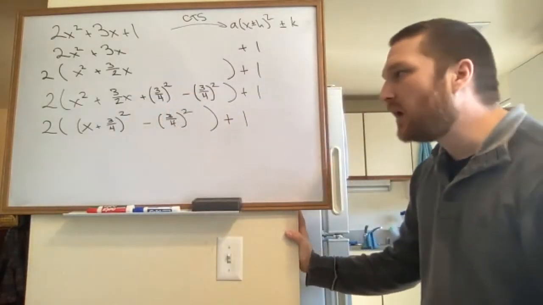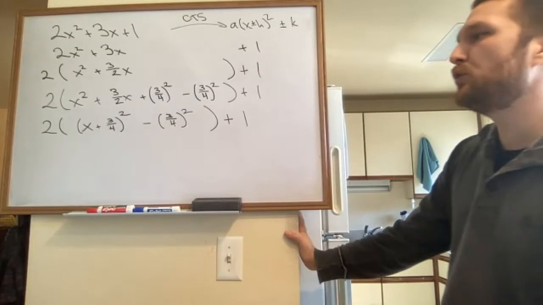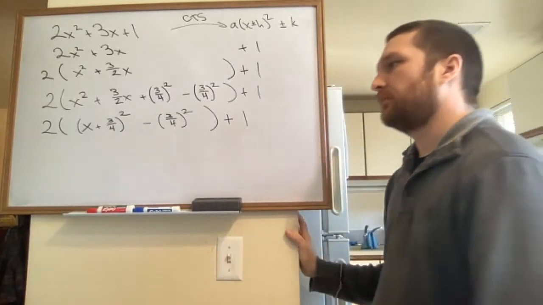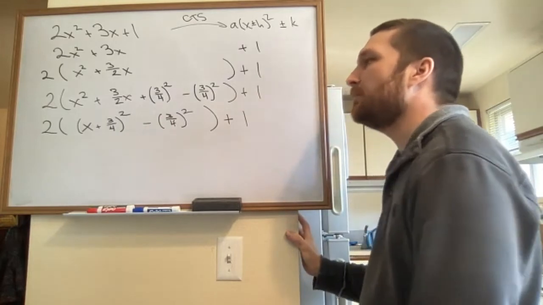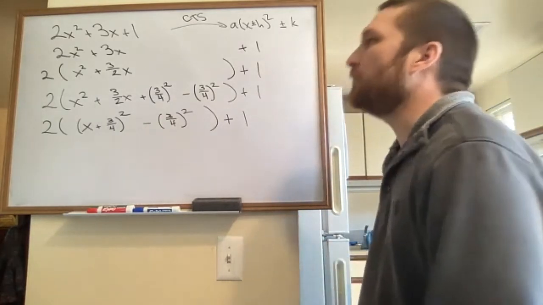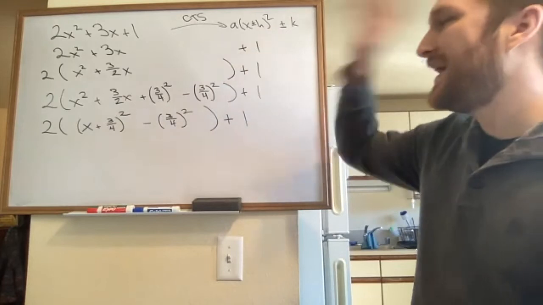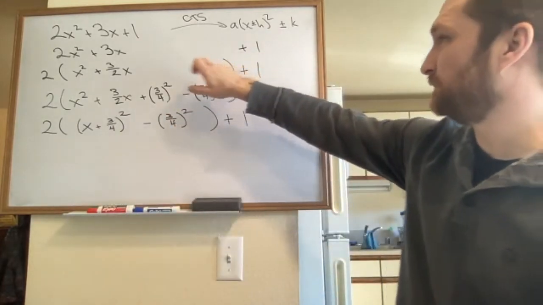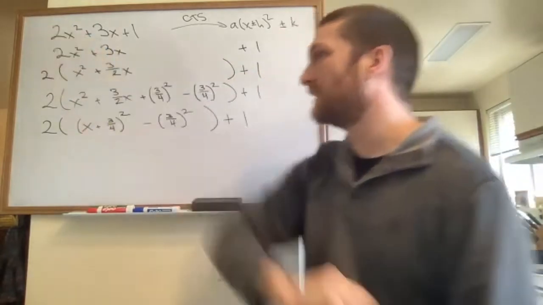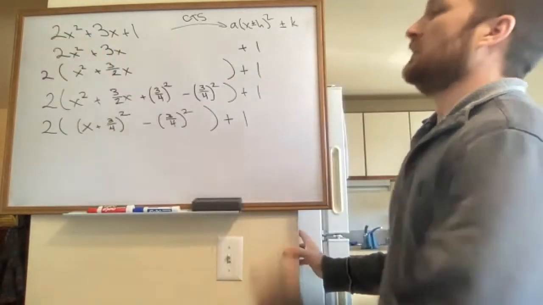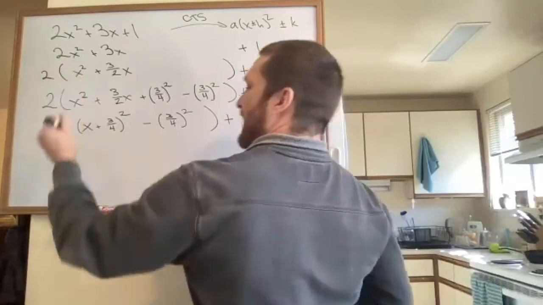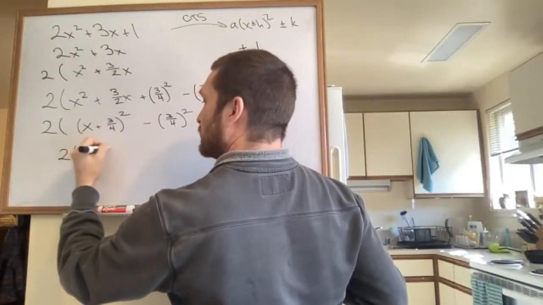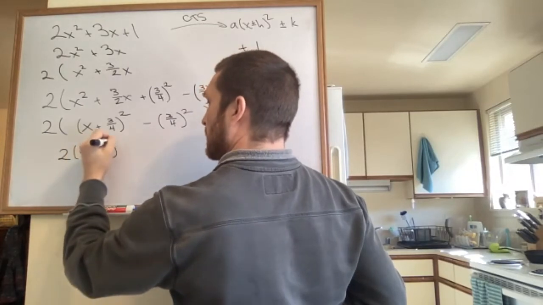Okay. Now let's distribute that 2 back in. This is why parentheses are your best friend, and why I demand that you use parentheses here whenever you factor out a leading term. So the 2 comes back into here, and this is the step where I have seen most students mess up.